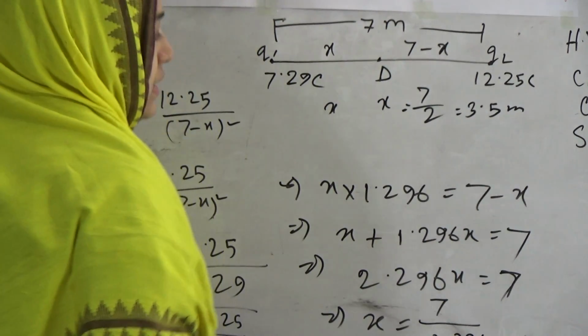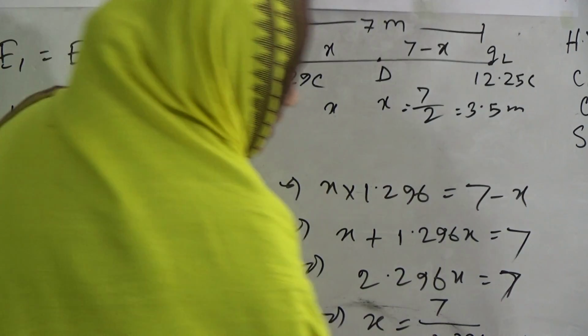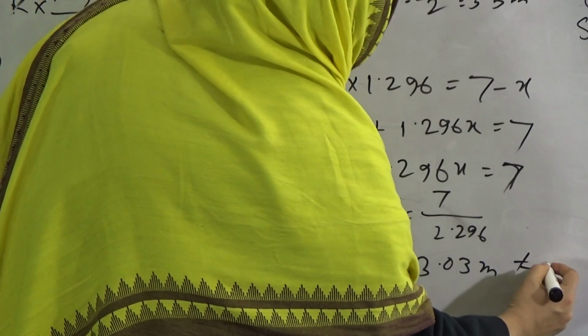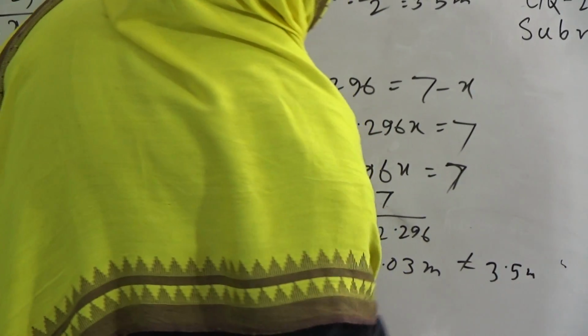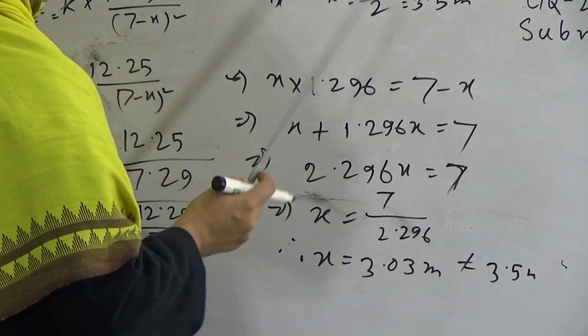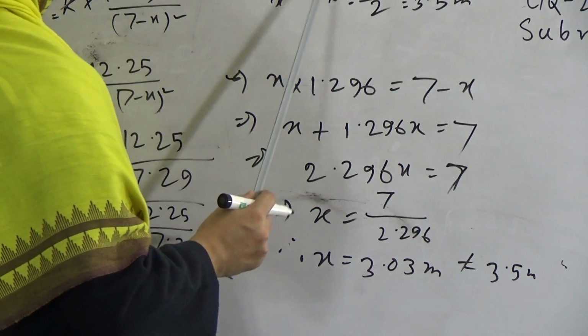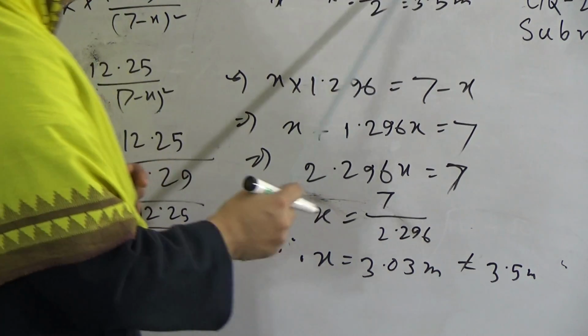But here the value of x is 3.03 meters, which is not equal to 3.5 meters. So D is not the center point of the two charges.